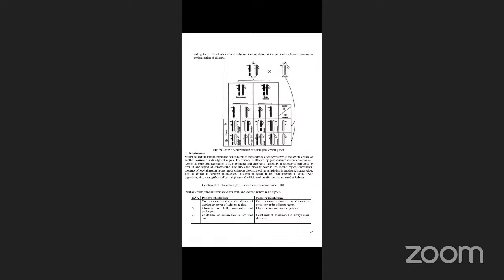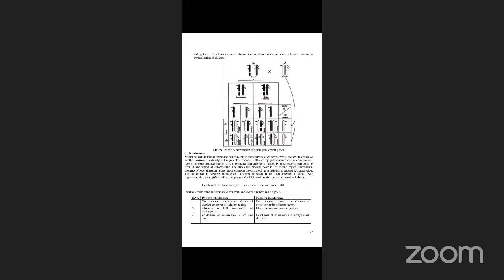The next is interference. Here Muller coined the term interference, which is the tendency of one crossing over to reduce the chance of another crossing over in the adjacent region. Interference is affected by the gene distance on the chromosome: the lesser the gene distance, the greater the interference, and vice versa.